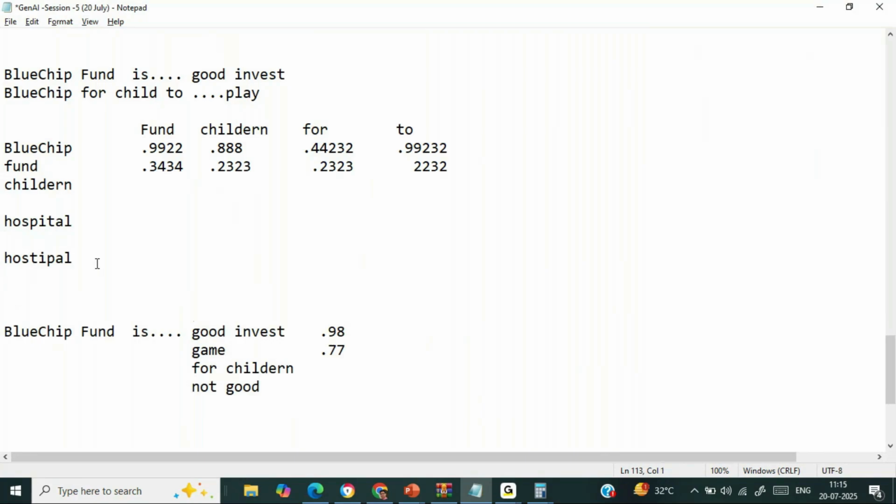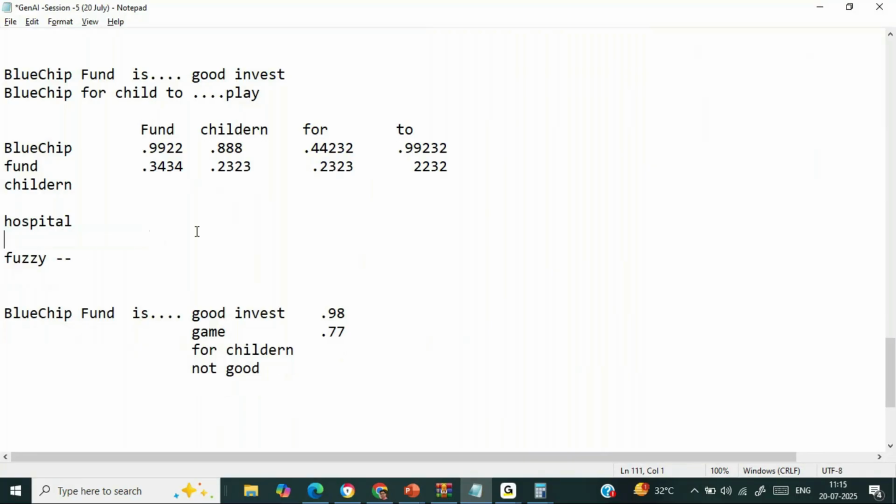There is a certain fuzzy percentage and how much fuzziness you want in this particular context. So if we are typing hostiple, it will convert it into hospital as well. Fuzziness and all these things are utilized in order to convert it into the correct keyword.